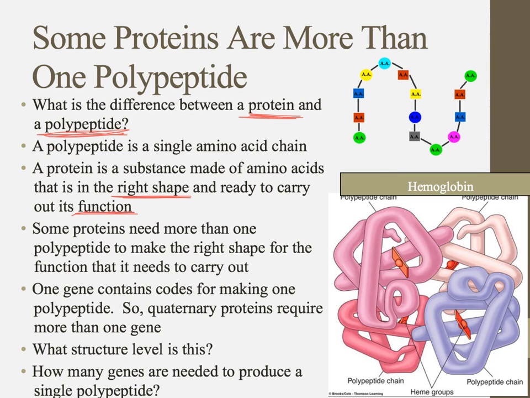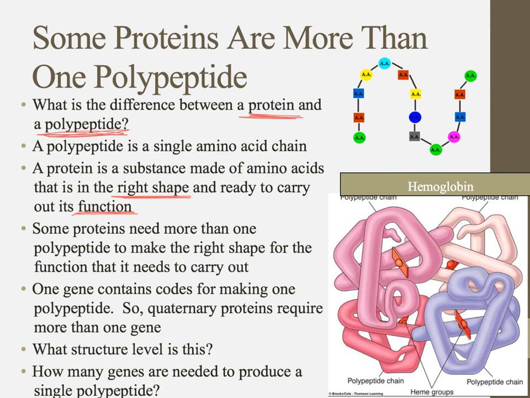Okay, so if we know that insulin needs to be in a tertiary structure, then we say this is the polypeptide that will become insulin, but it's not actually insulin until it forms its correct shape and is ready to perform its function. And that's when we can start calling it a protein. Okay? Now, again, things that require more than one polypeptide for its correct shape, okay, those are our quaternary proteins.